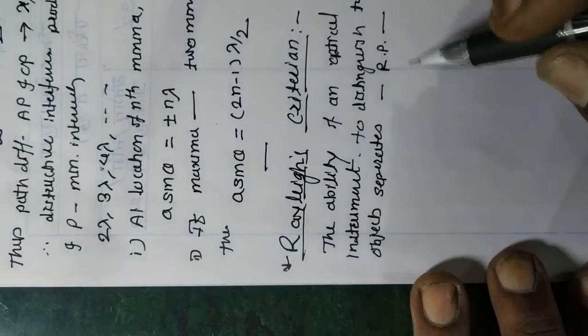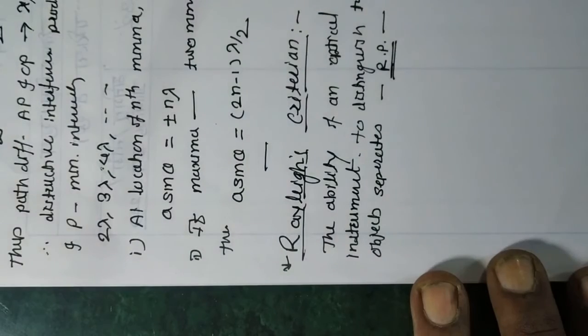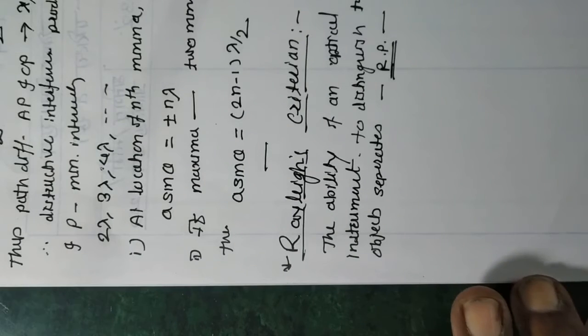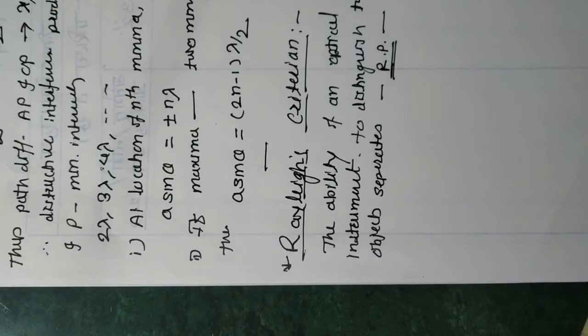The first is about resolving power of an optical instrument: the ability of an optical instrument to distinguish two physically separated objects as two distinct objects.